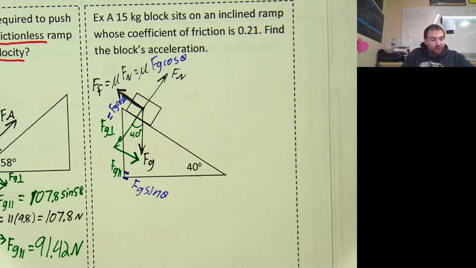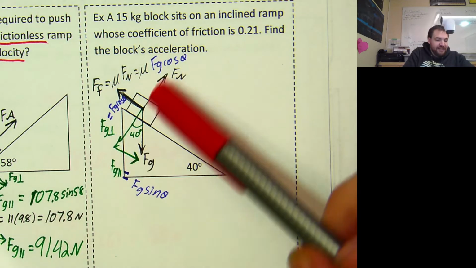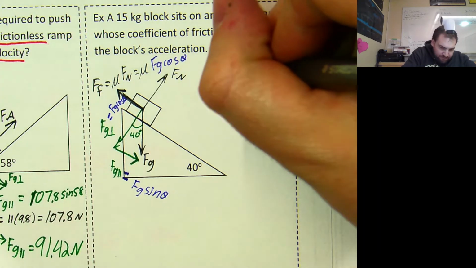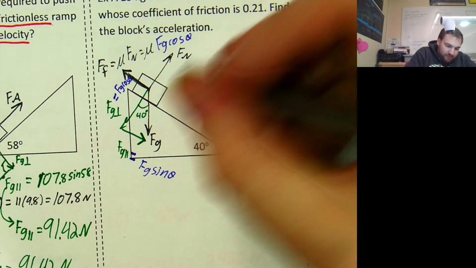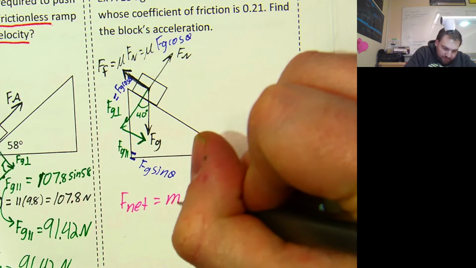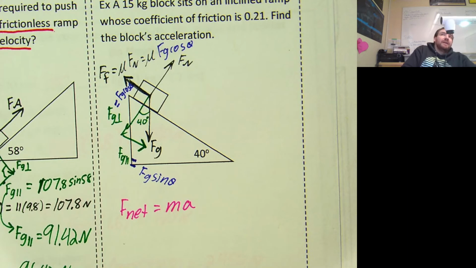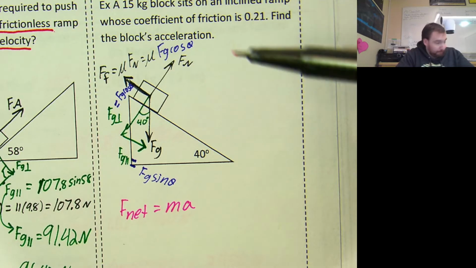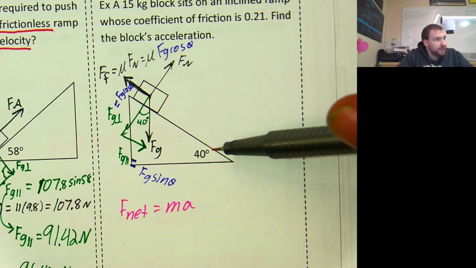So now, before I even calculate any of these values, I'm going to plug them into my Fnet equation, because I want to get you guys a little bit used to seeing not values in my Fnet equation. So Fnet is going to equal ma. Now, what forces are acting in the direction of motion of my block? Friction. Oh, and which way are we going to call positive?